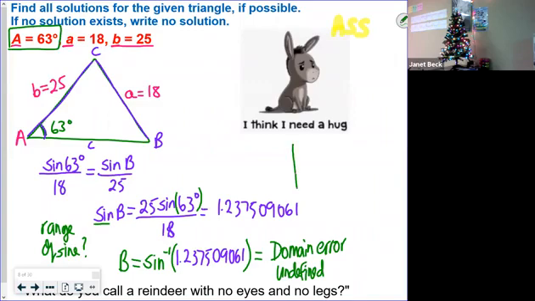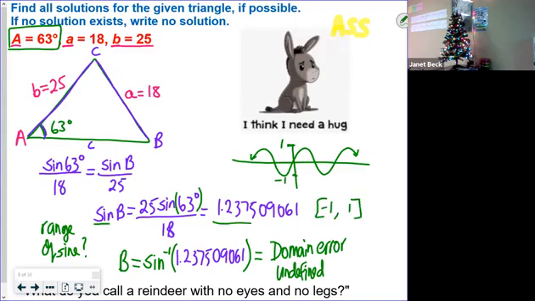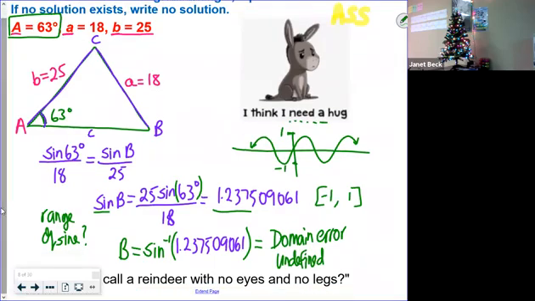Think about it. Here's a graph of a sine wave. Goes on and on and on forever. What's the highest point it ever reaches? 1. What's the lowest value it ever reaches? -1. The range of sine is from -1 to +1. We got 1.2375. We got a point up here. No angle in the world has got a sine of 1.23.